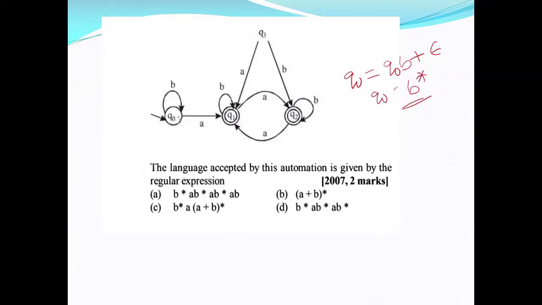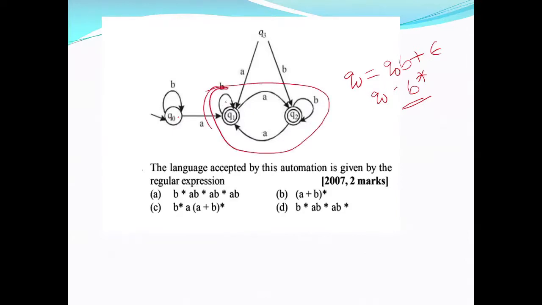If you want to go to Q1, it is B star followed by A, or B star followed by A, then B star. If you want to come to Q2, then B star, A, B star, A, then B star, or A. If you observe Q1 and Q2, any number of B's or A's are accepted.